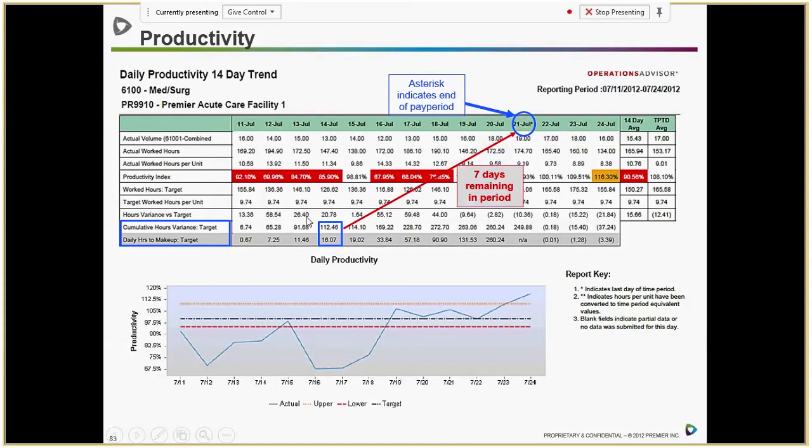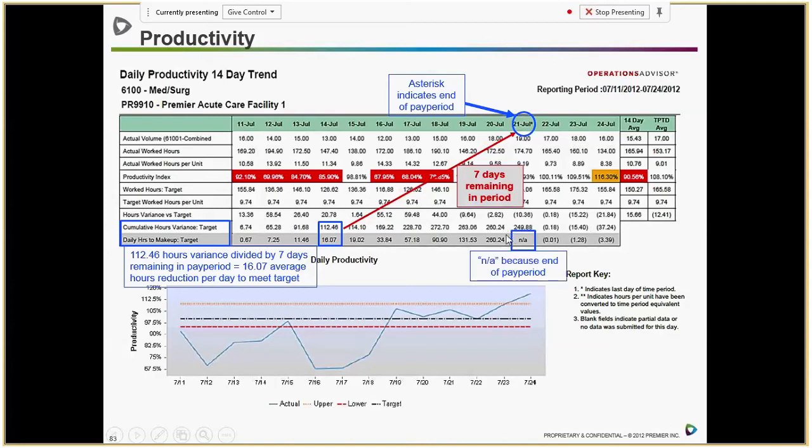Our variance is 112 hours, so that number divided by the 7 gives us the 16. So that's telling us we would have to average 16 hours better than our target every day for the remaining 7 days to be on track, be at 100%, zero variance. Once you hit the end of the pay period, there will be no value in that last row because there's nothing to make up at that point.